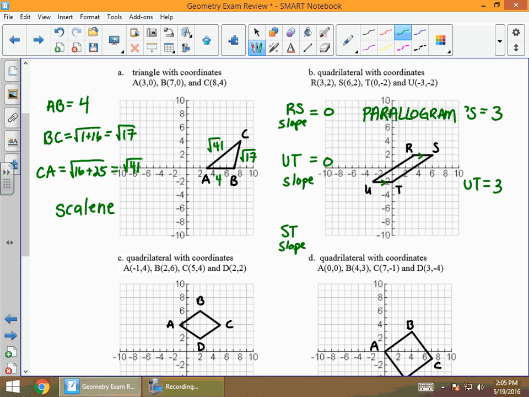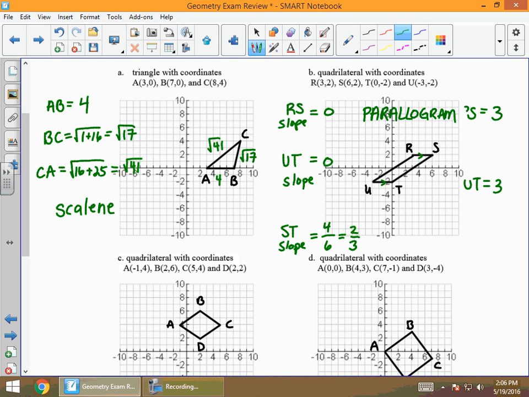So for ST, the slope looks like it rises 4, run 6. So 2/3. Well, 2/3 and 0 are not opposite reciprocals, so I don't have to worry about it being 90 degrees.